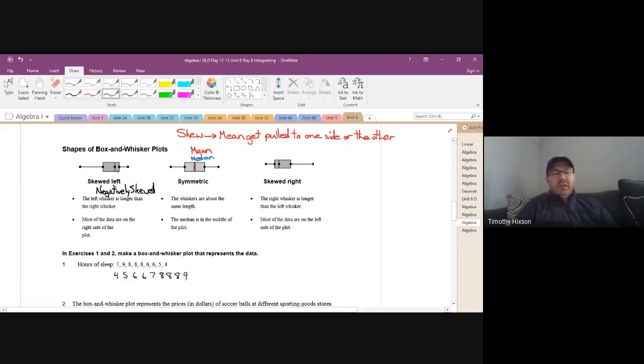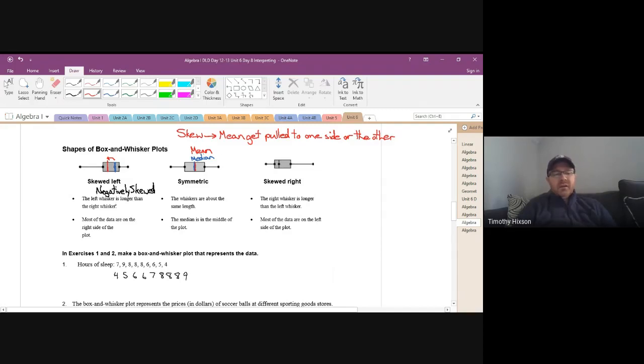So while the median, I'm not going to label these every time, but we'll keep the same colors. The median is in blue. These values down here are going to pull the mean over somewhere like right here. Okay, so it's gotten pulled to the left by these lower values.